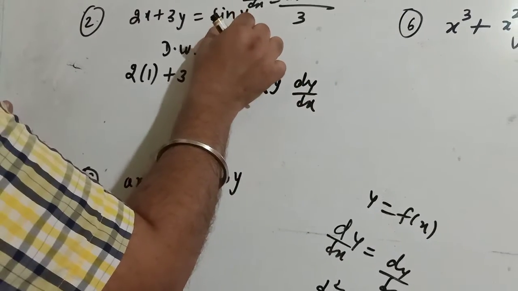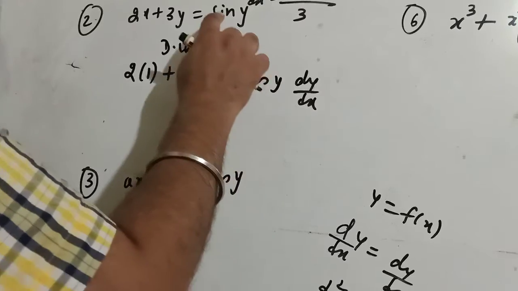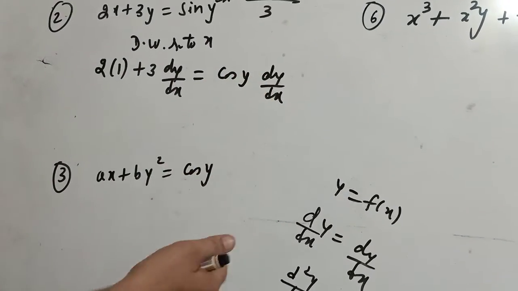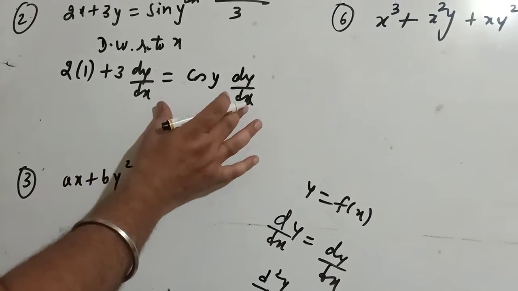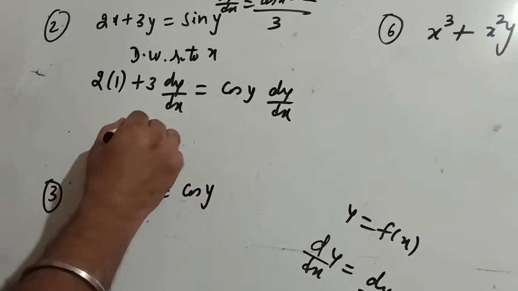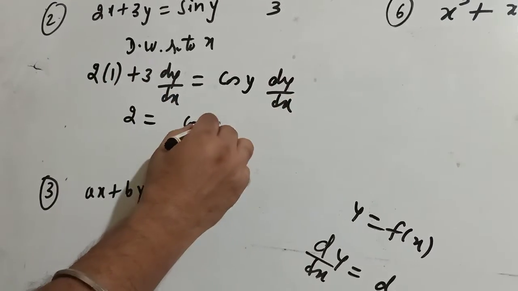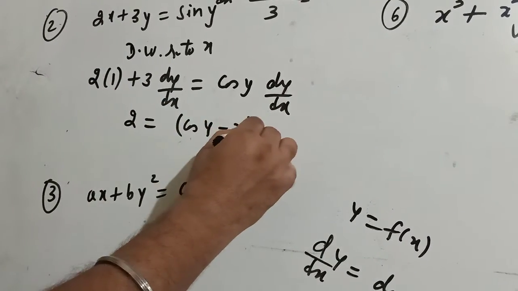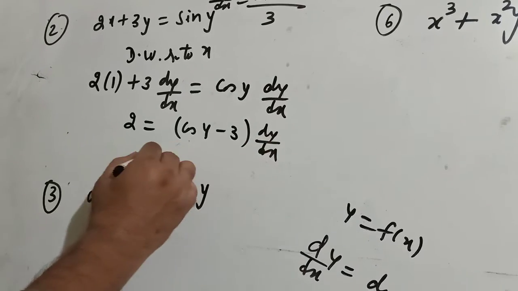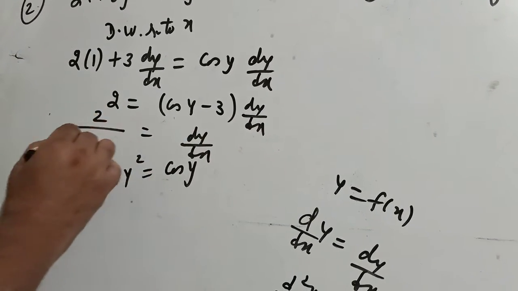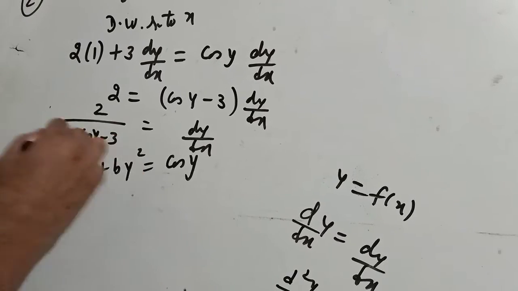But if you are getting sin y, then because of sin, then differentiation of the angle y is also a function of x. So our aim is we have to find dy by dx. So we can write 2 equal to cos y dy by dx minus 3 dy by dx. I am taking this term this side, and dy by dx common I have taken. So finally dy by dx equal to 2 upon cos y minus 3.